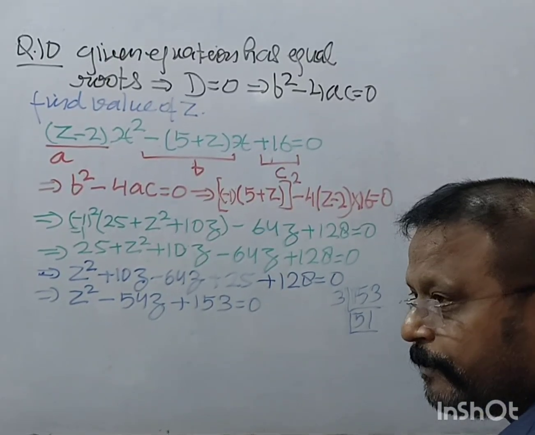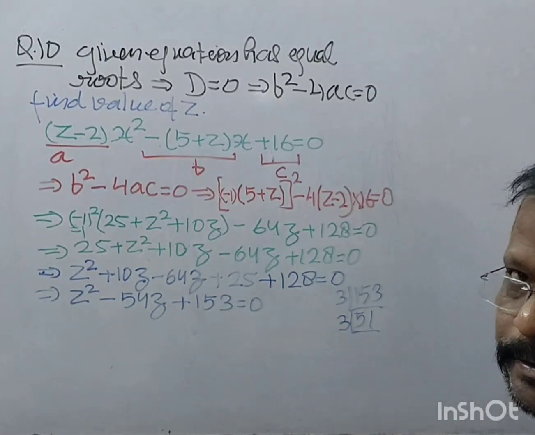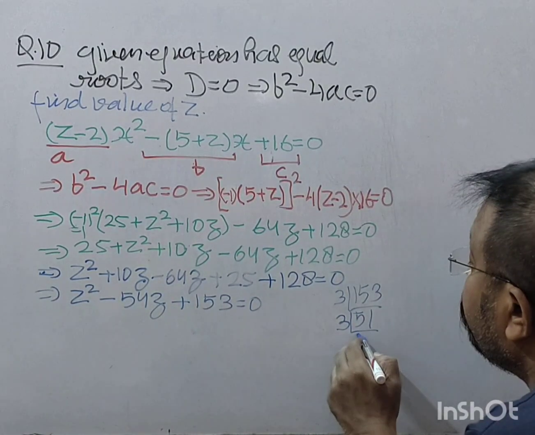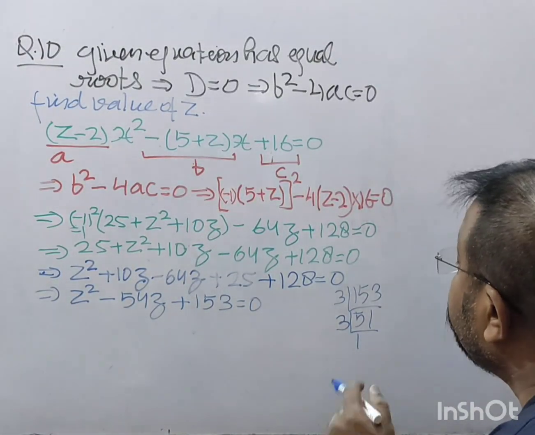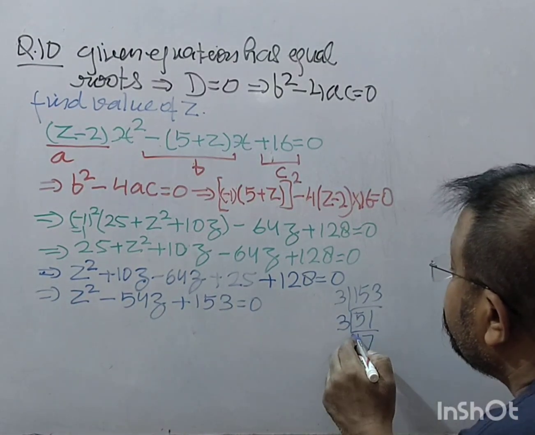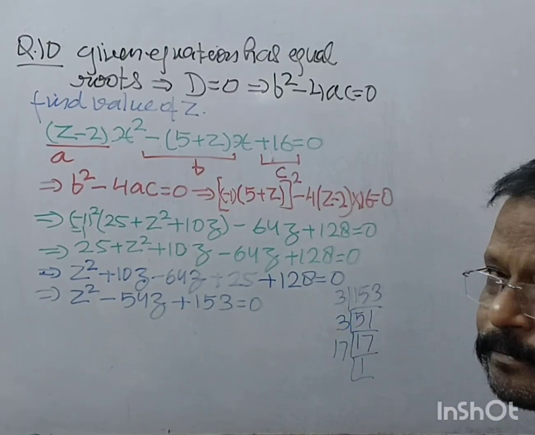Then 51, again divide by 3, you get 17. 17 is a prime number. It will not go further. Finish.